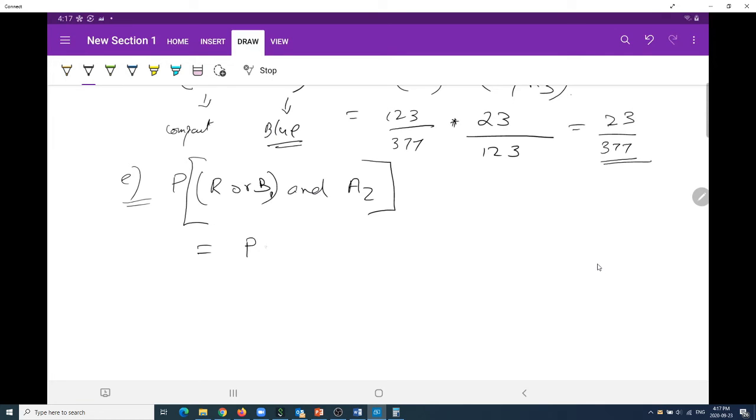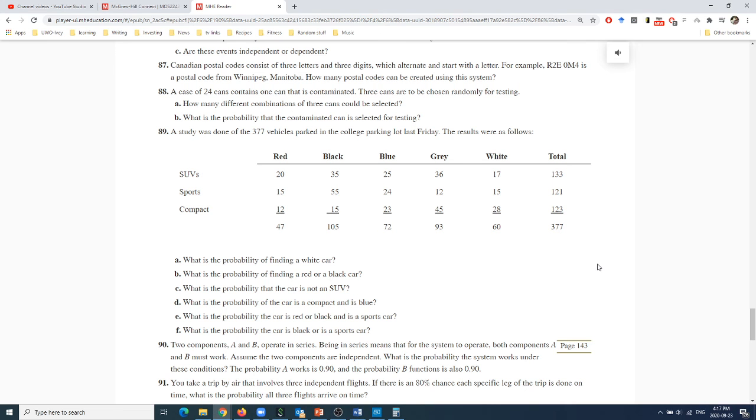This is going to be the probability that the car is a sports car, multiplied by the probability of R or B1, given that it's a sports car. The probability of being a sports car is 121 divided by 377.